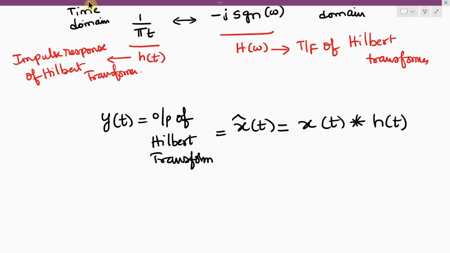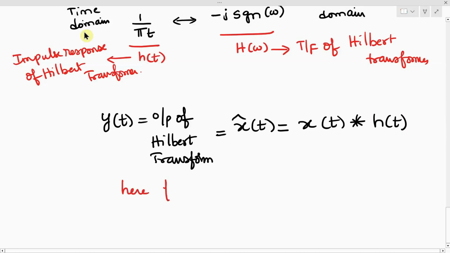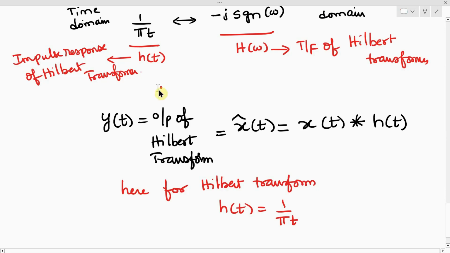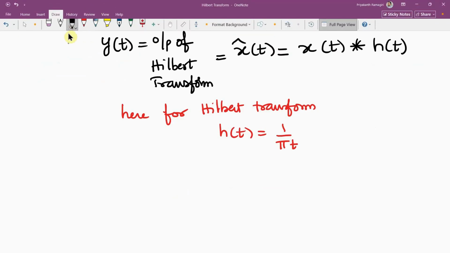So for the Hilbert transform, the impulse response h of t is 1 by pi t. Simply substitute this h of t in the convolution formula. That leads to your formula of the Hilbert transform.